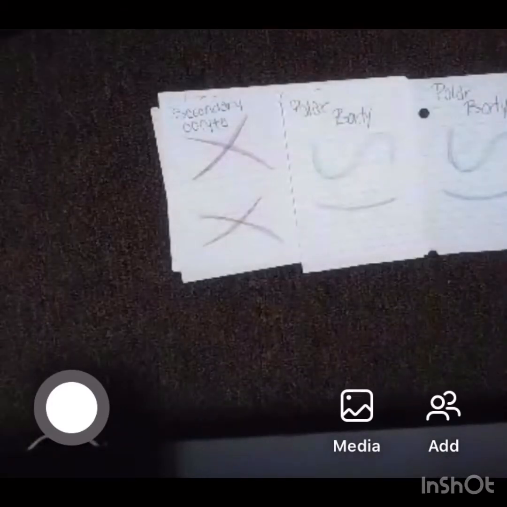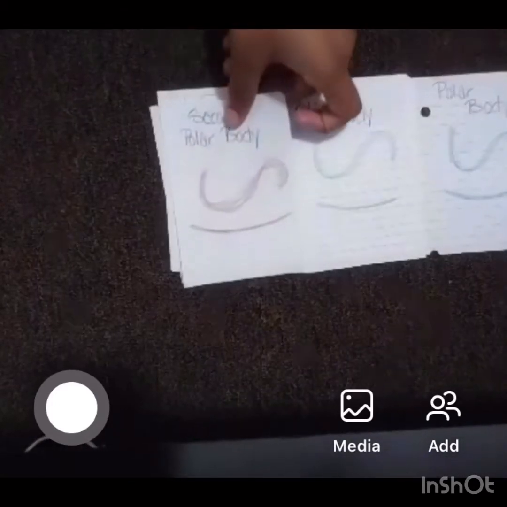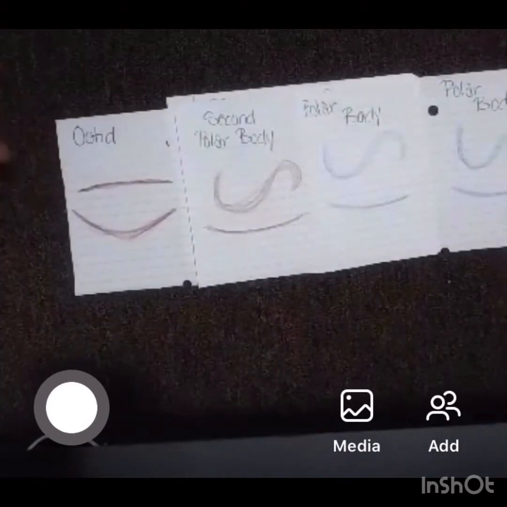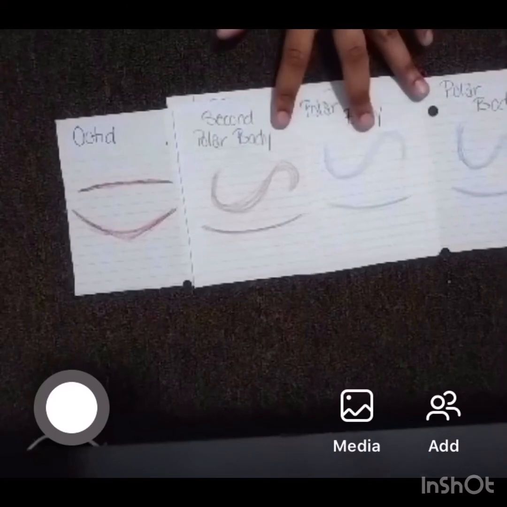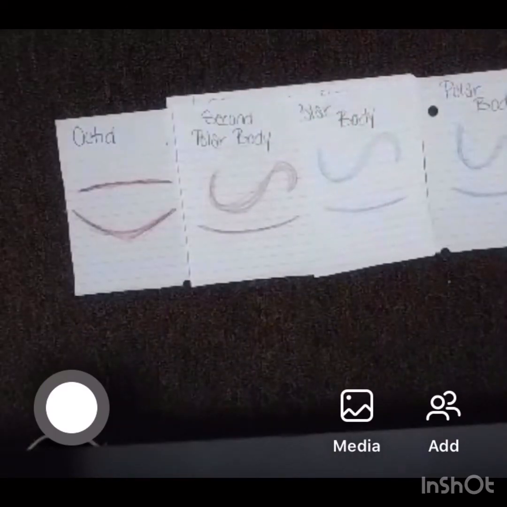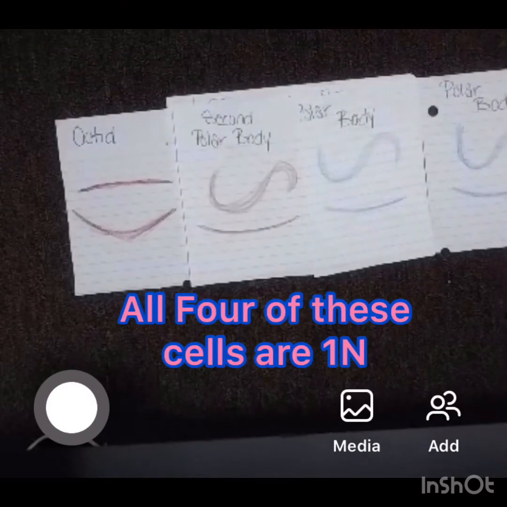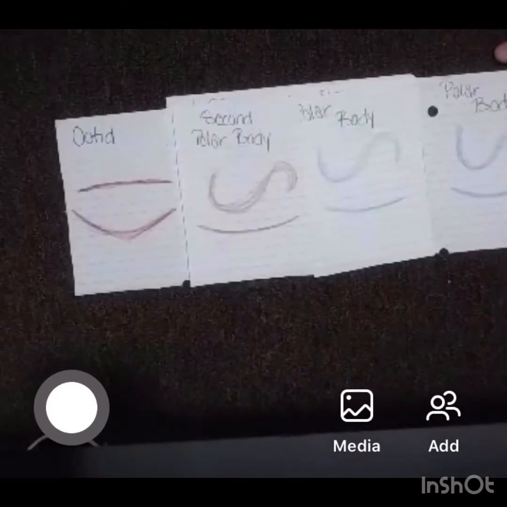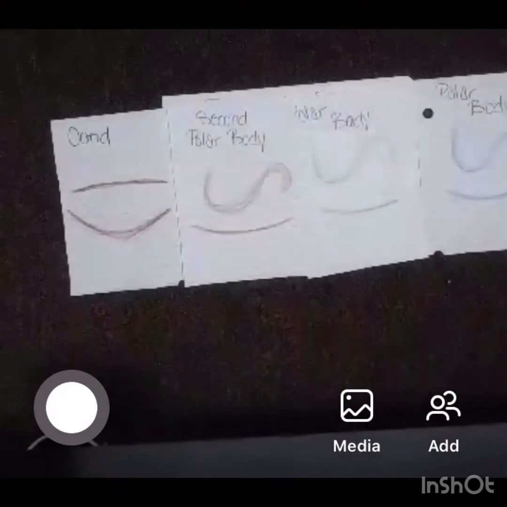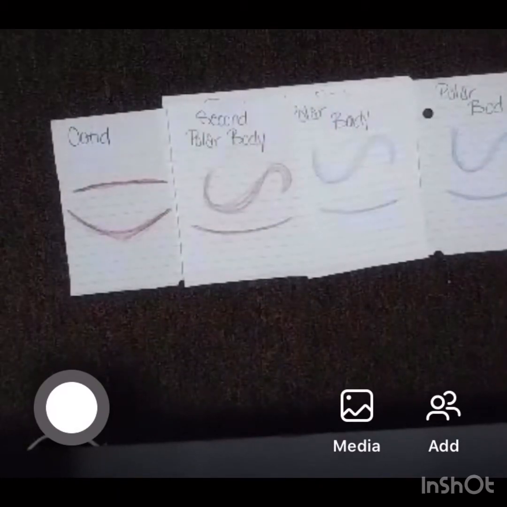The secondary oocyte, however, will undergo meiosis again to create the second polar body and the ootid. The ootid and the second polar body will both have one set of chromosomes, just as the secondary oocyte did, even though the amount of DNA was halved.